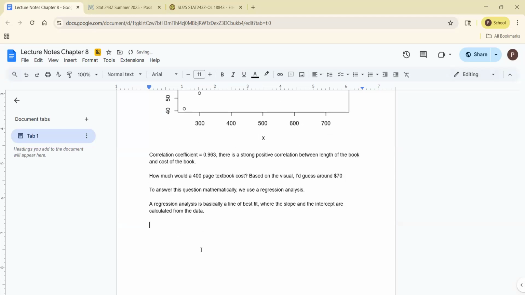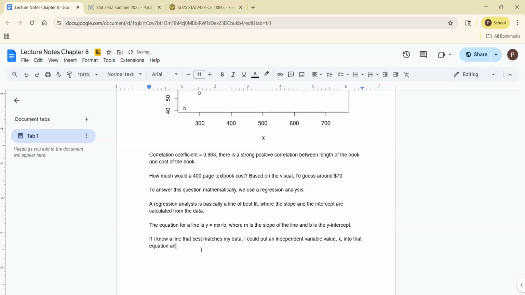So just as a reminder, the equation for a line is y equals mx plus b, where m is the slope of the line and b is the y-intercept. If I know a line that best matches my data, I could put an independent variable value, x, into that equation and get a prediction for y.